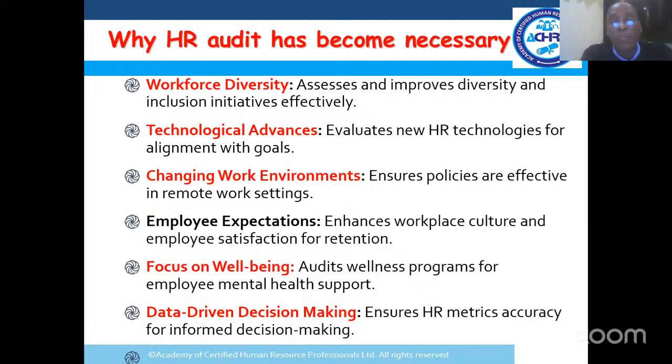For instance, some employees may want customized training. That is an expectation. For us to satisfy them, we need therefore to customize our training programs to suit their expectations, which will also help us to retain them. Otherwise, those good employees might leave because they are not being satisfied through the traditional way of working.